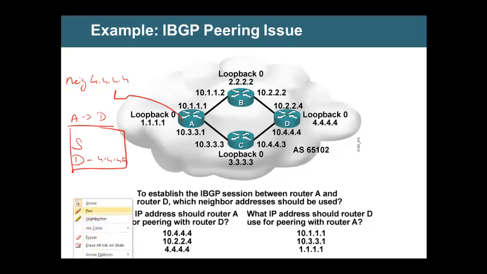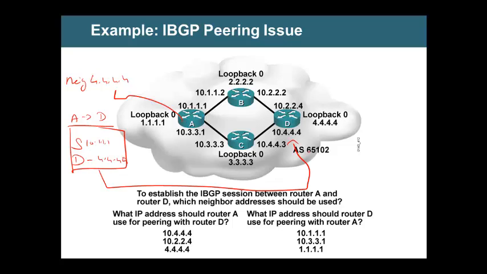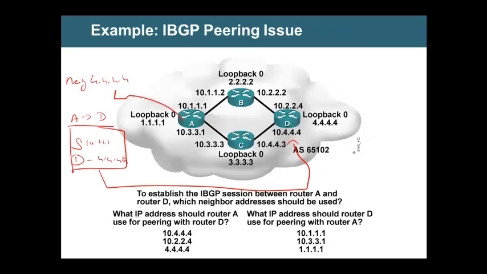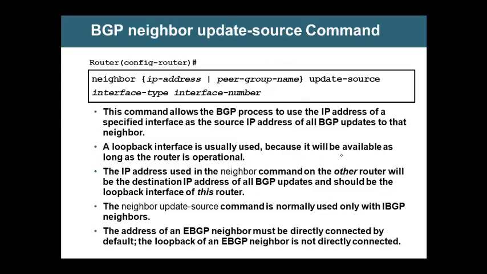Let's assume 10.1.1.1. Okay, now this packet will go to D. What will D check? If a match is found, it is established. Is there a match? What is the neighbor according to D? Is the source matching with the neighbor?